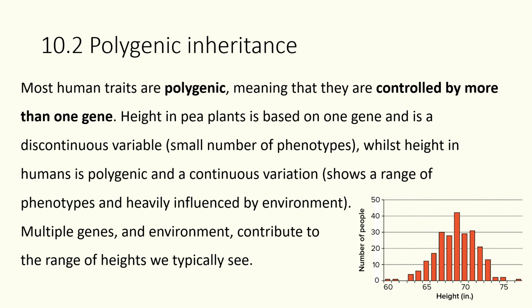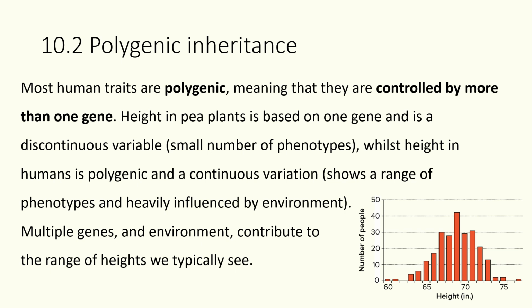Now, if we simplify it and say that every human has only 2 different alleles for height, tall or short, but there's 7 genes that are in charge of height, then for each of those 7 genes, you could have a tall or short. On the very bottom end of the spectrum, you would have somebody who has 7 short alleles, and they would be very short.